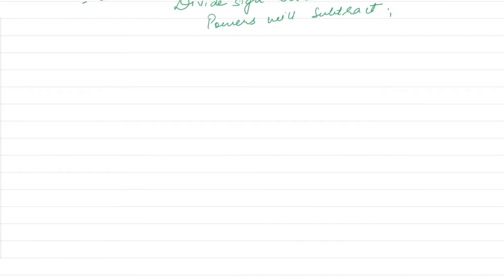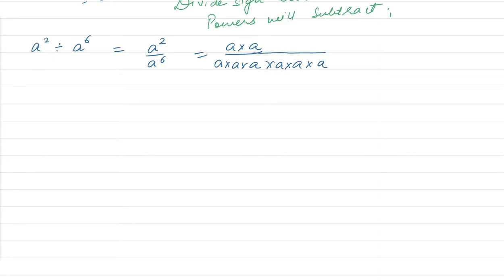Let's assume one question, a to the power 2 divided by a to the power 6. In this one, we can write this as a to the power 2 divided by a to the power 6, which equals a times a, because 2 times a, and 6 times we need to write a because it's a to the power 6. And it's very easy to cancel the numerator with the denominator here.